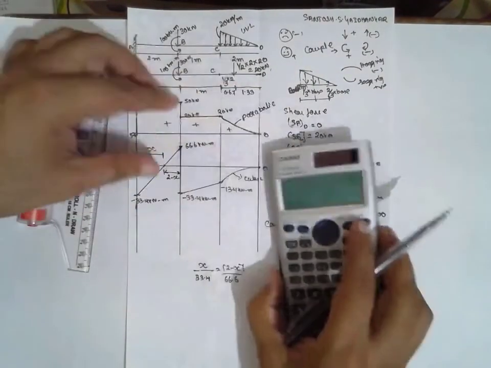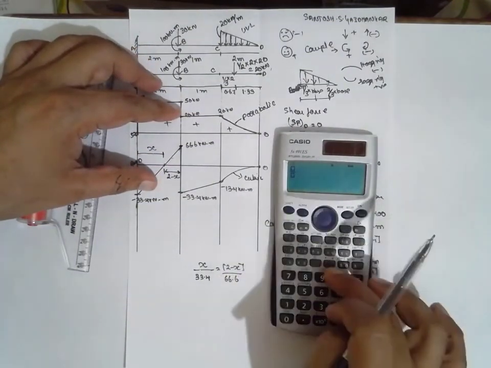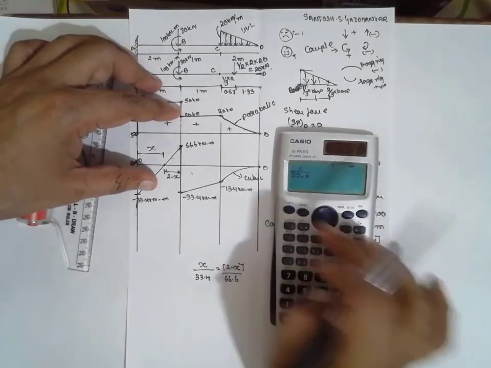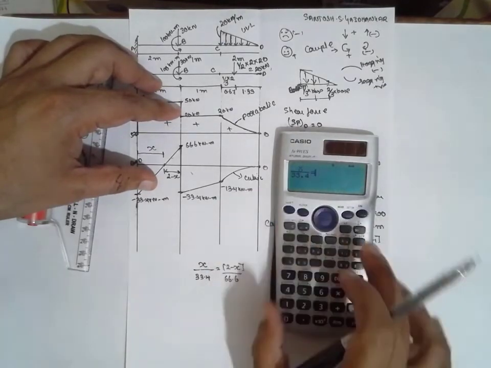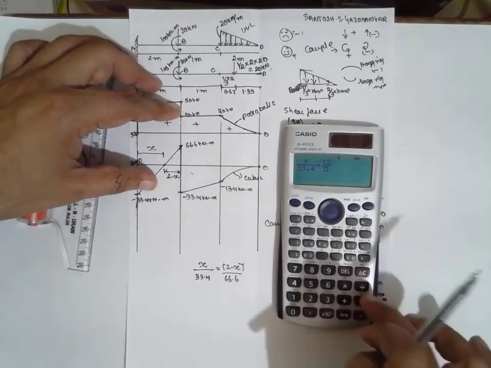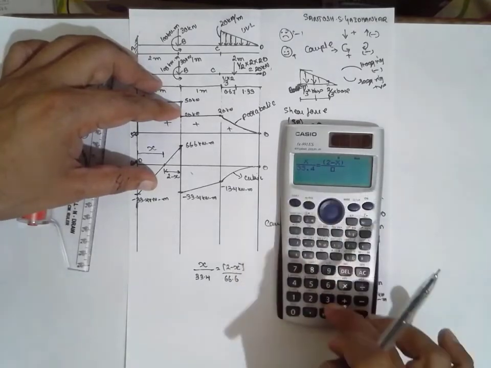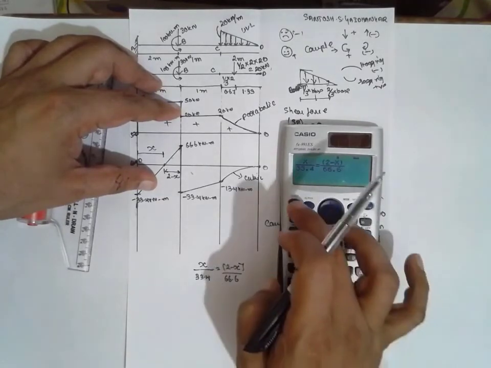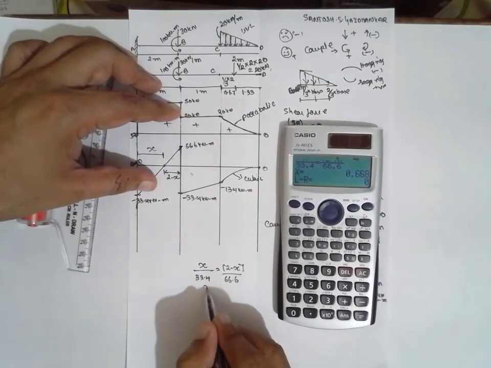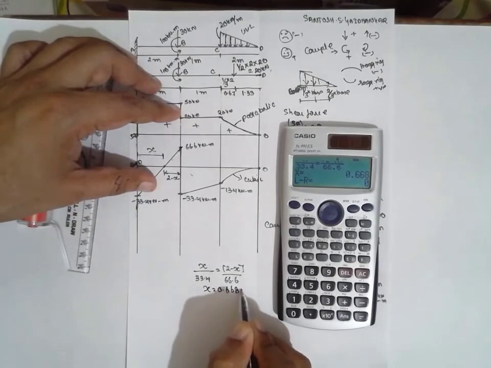Now with the help of calculator, alpha x divided by 33.4 alpha sol, bracket open 2 minus alpha x divided by 66.6 shift sol is equal to, the x value will be 0.668 meter.